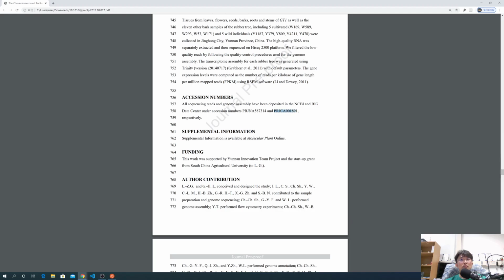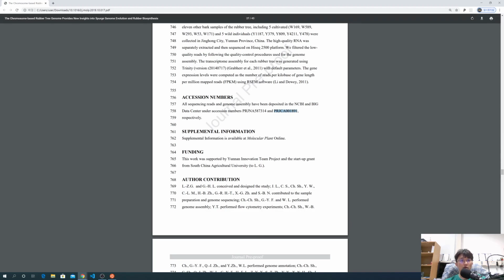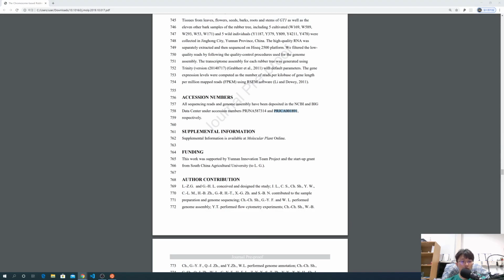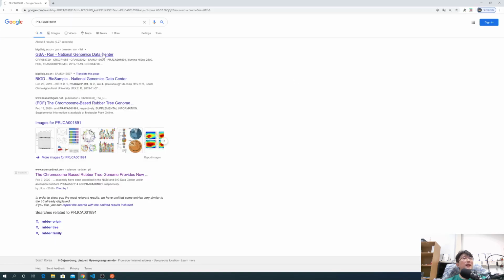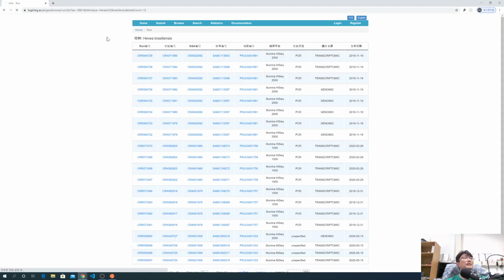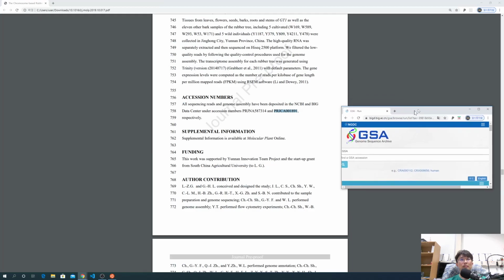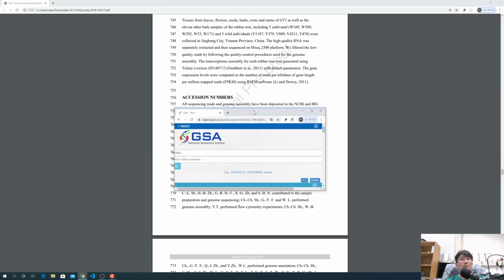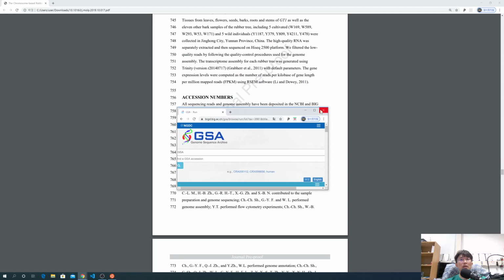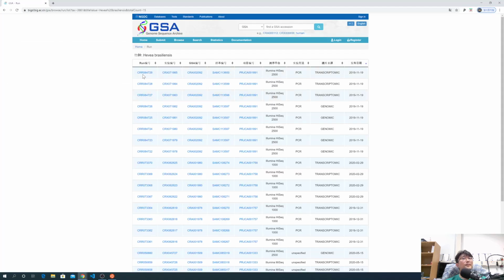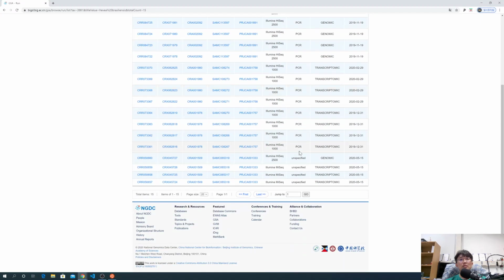So I will use this one. This one is the China one. China data center. This China data center is actually very easy to access compared to NCBI. So all sequencing reads and assemblies have been deposited. So genomics, PCR.